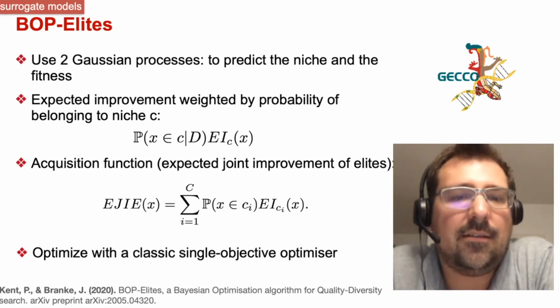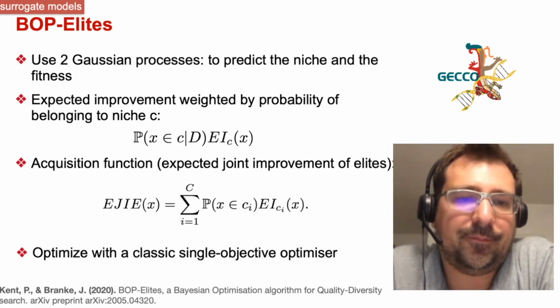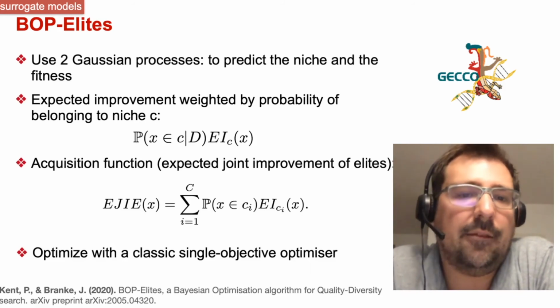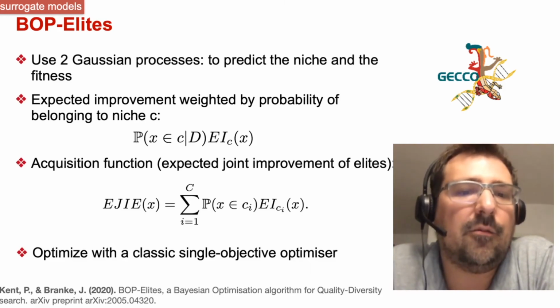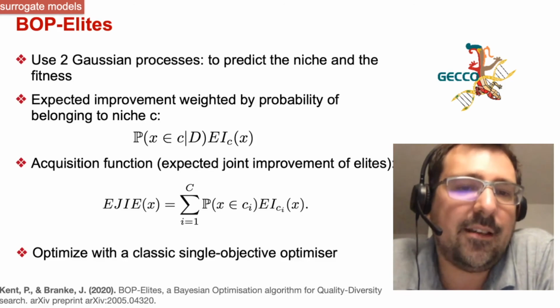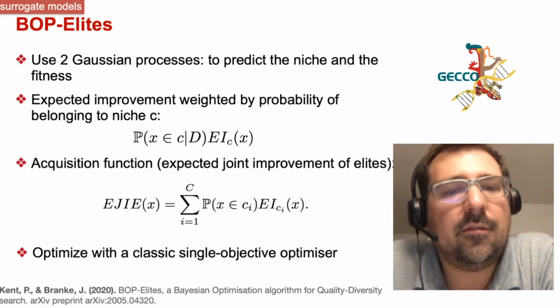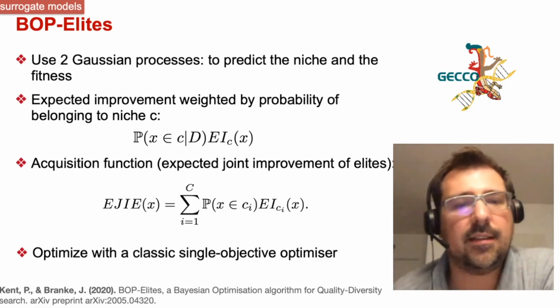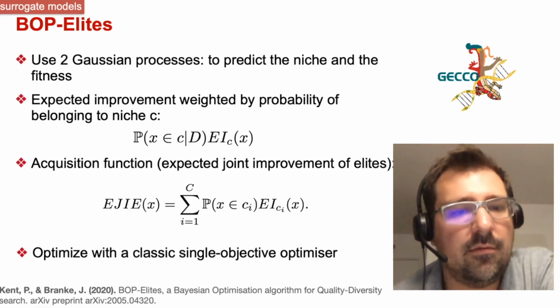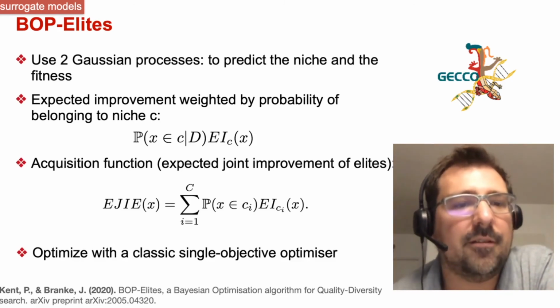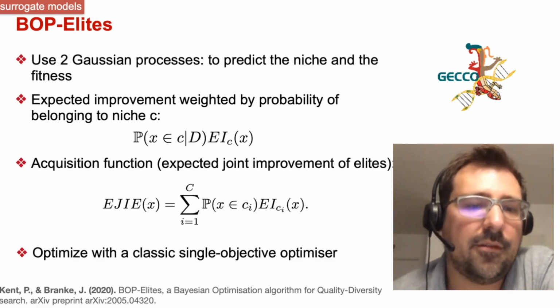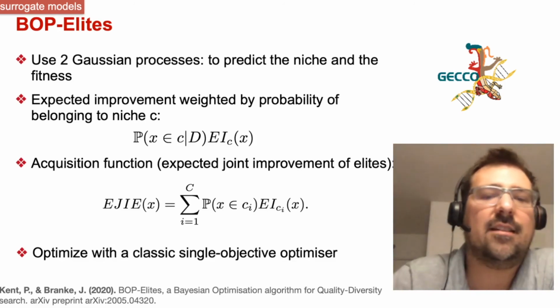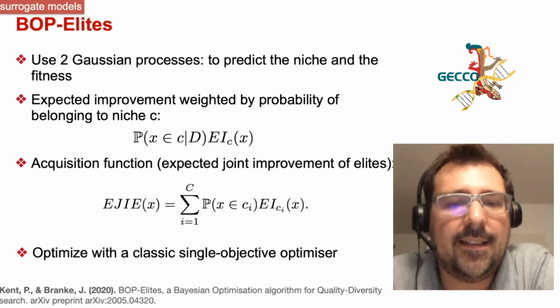And then they try to use the expected improvement, which is, if you take a specific niche, how much better you can be. But then you don't know exactly if a predicted value will be in that specific niche, so you need the second Gaussian process, and you can multiply the two to have the expected improvement for a niche, and then you can sum for the whole map to get the expected joint improvement of the elites.